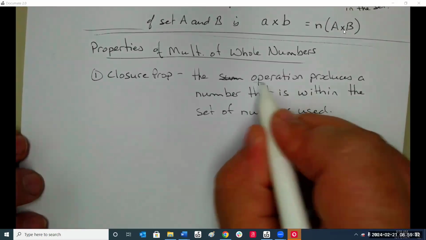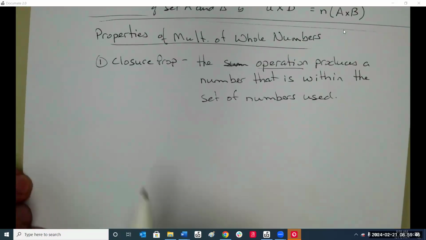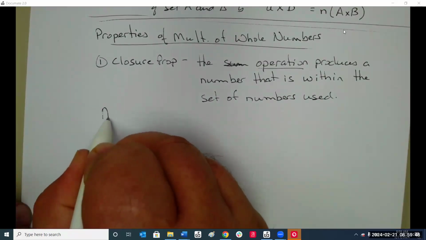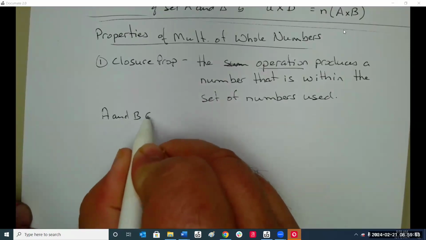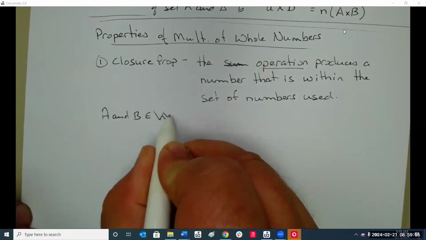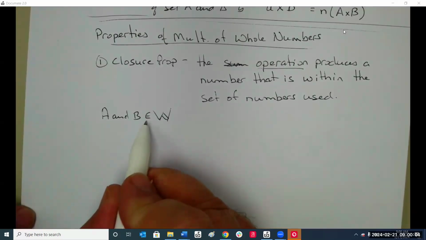The reason I say operation is because we have addition, subtraction, multiplication, division. We know addition satisfies the closure property. Because if we said that set A and set B are both elements of the whole numbers, that little e means elements of.